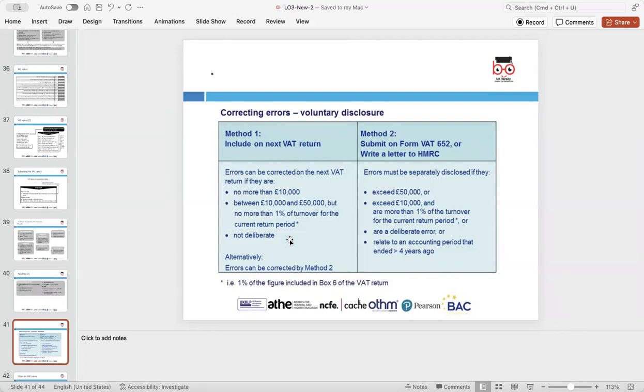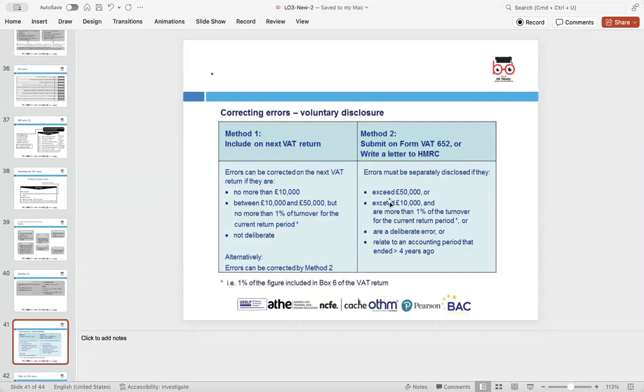Here are the criteria. The error amount is no more than 10,000 pounds. If the error is between 10,000 and 50,000, it should not exceed 1% of the turnover for the current return period. And the errors are not deliberate.